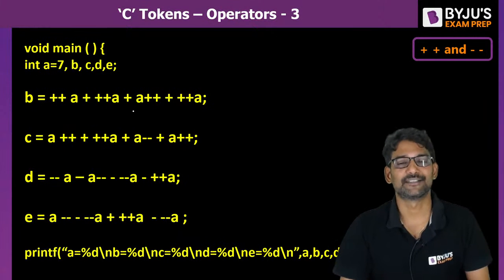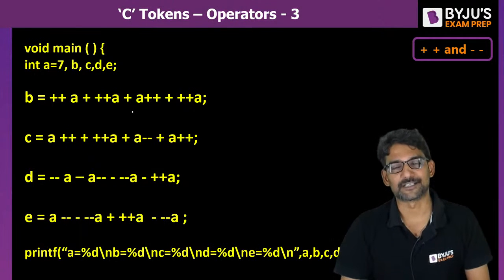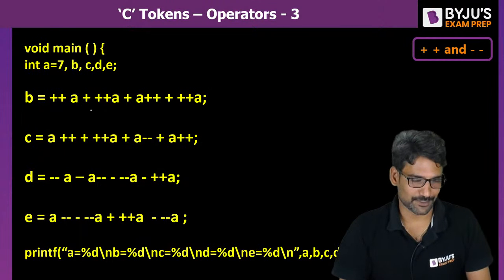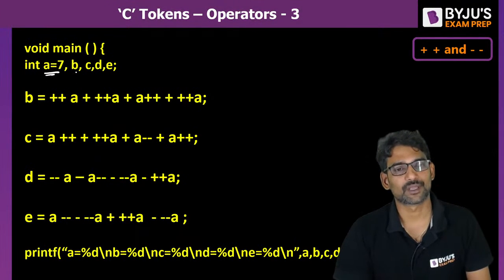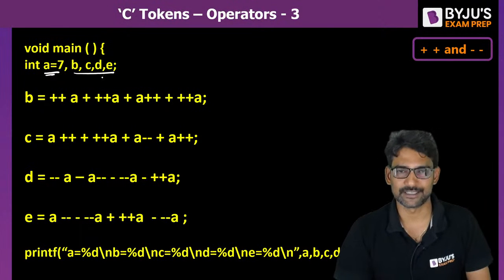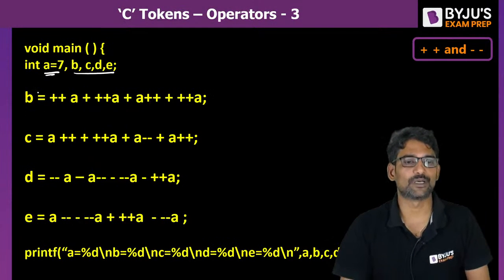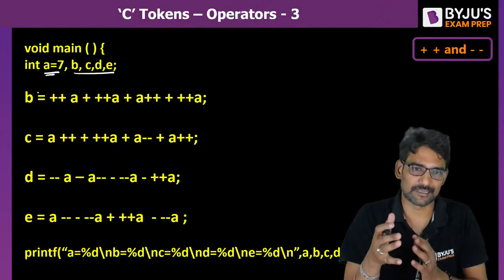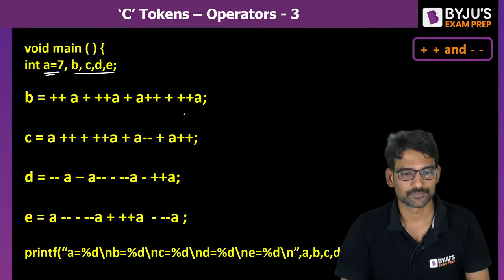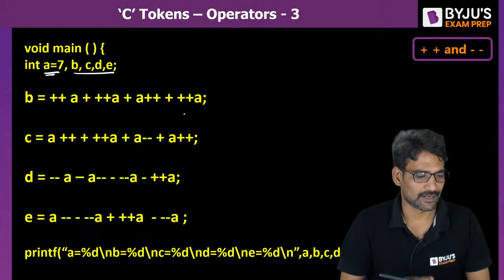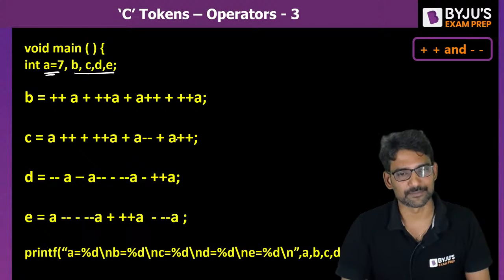Here we get little conflict. Look at this. A equal to 7, B, C, D, E created. B equal to ++A + ++A + A++ + ++A. Similarly, C, D, E, I am using this multiple times.